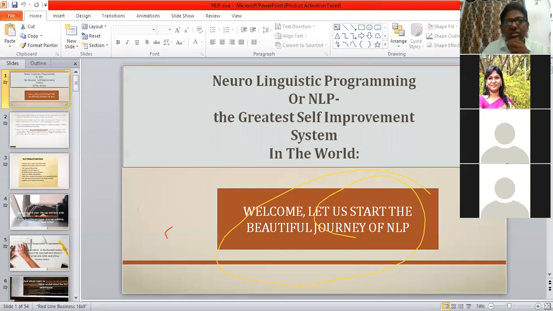So values represent a basic conviction, a specific mode of conduct or end state of existence. For example, honesty. If I say honesty, that is a value, a specific mode of conduct as far as the human being is concerned.